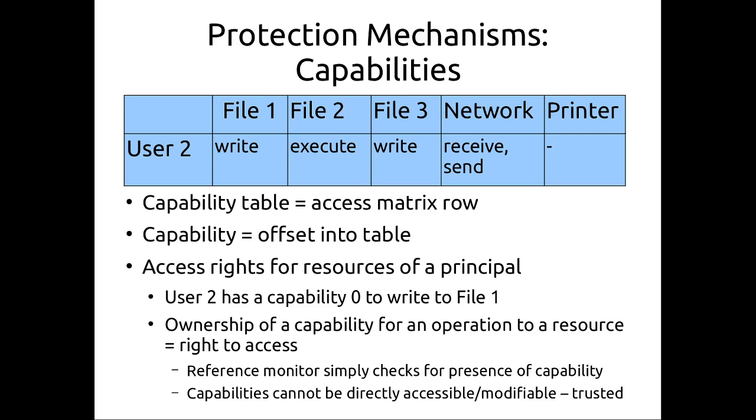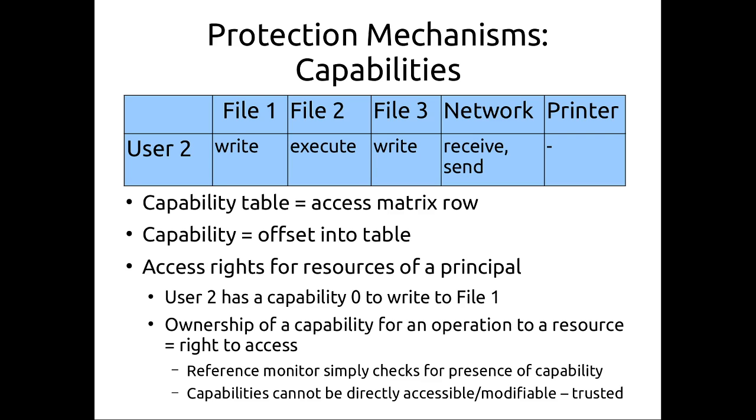So a capability within a capability table is effectively an offset into the table. So here, capability 0 for user 2 gives it access to write to file 1. Capability 1 lets it execute file 2. Capability 2 lets it write to file 3, etc., etc. So we think of the capability table as the sum total of all the operations a principal can perform on which resources, and we think of a capability as essentially an offset into this table.